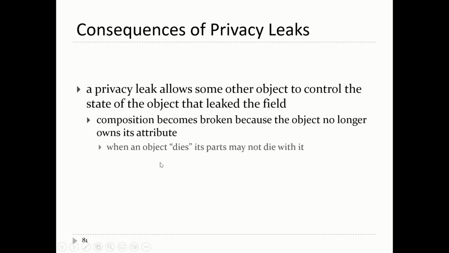That means when the whole object dies, its parts may not go away with it. And that's what's supposed to happen in a composition: when the whole object goes away, all of its individual parts should go away as well, because the whole object is supposed to have exclusive ownership over its parts.